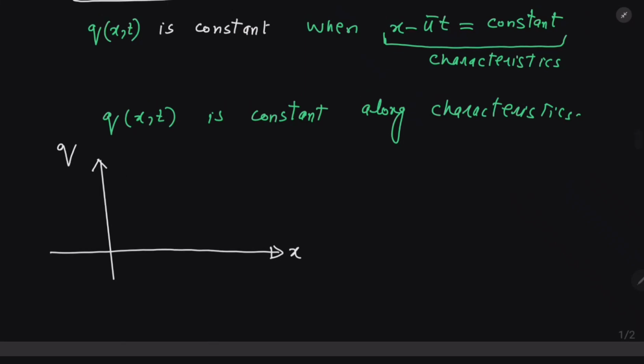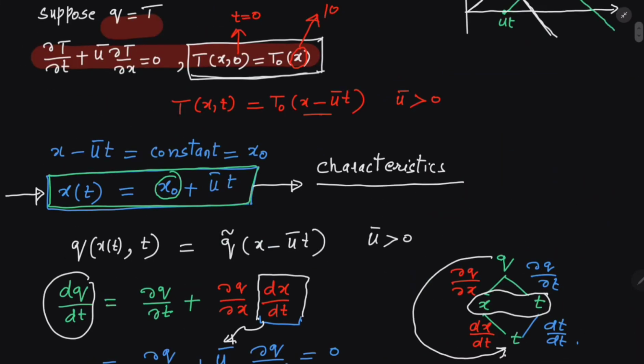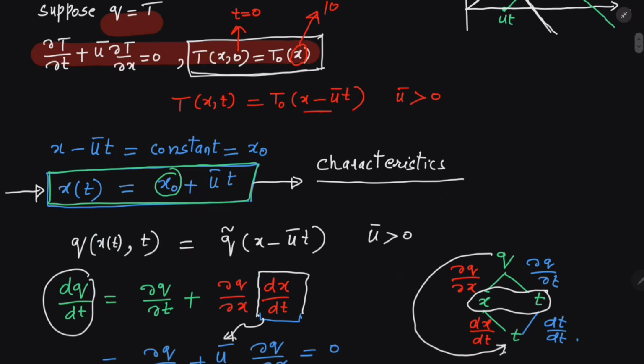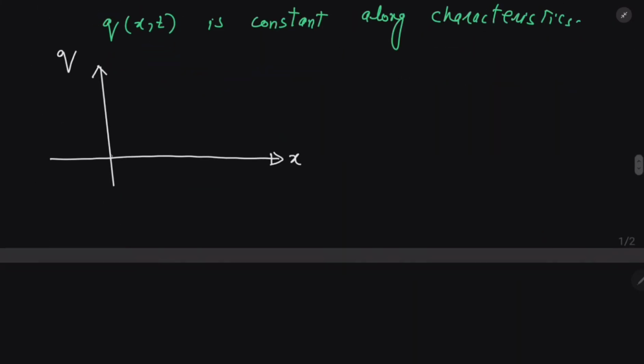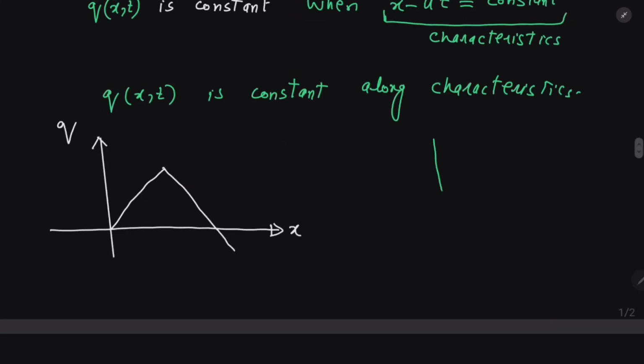For example, as we already did, you can draw any graph. And the second graph is for characteristics. For the characteristics, on the x-axis you take x, and on the y-axis you take t.